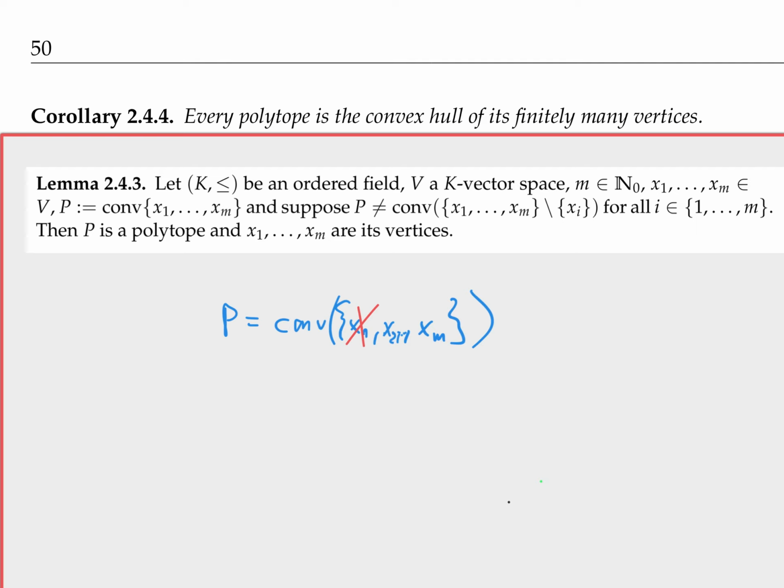We can continue and drop until we reach a point where this is satisfied, and then these remaining xi's are the vertices of a polytope, and P is the convex hull of them.